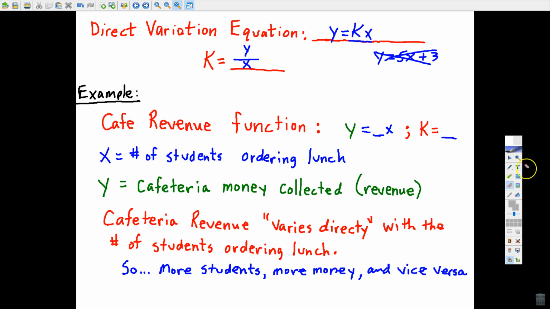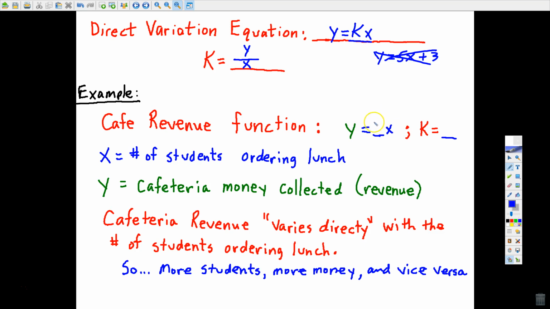So let's just do a quick little real-life example. How does direct variation show up in our day-to-day life? Well, in our cafeteria, let's just take a lunch, for example. I think lunches are still $5 per student. So I can make a real simple direct variation function by saying that the amount of money that we collect, I'm going to call that y, is really dependent on the number of students that buy a lunch, and we're going to call that x.